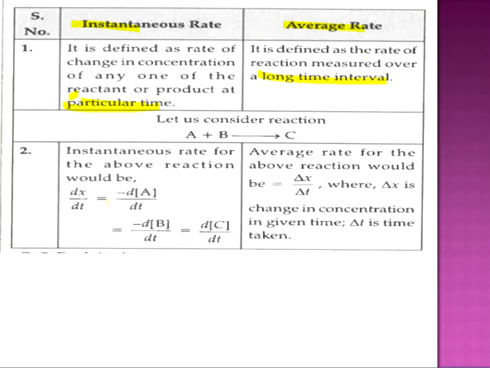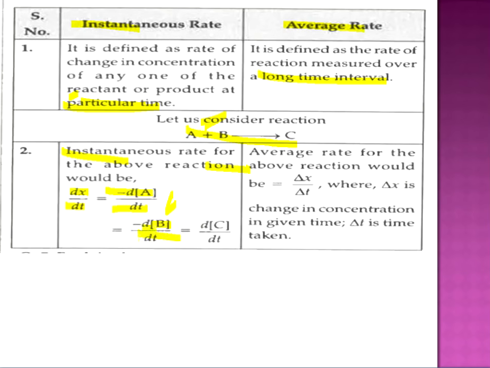So we can consider a reaction A plus B gives C. These are the reactants and this is the product side. How will we write the instantaneous rate of reaction? We use d here: rate is equal to minus dA upon dt, because this is for the reactant, upon change in time, is equal to minus dB upon dt.